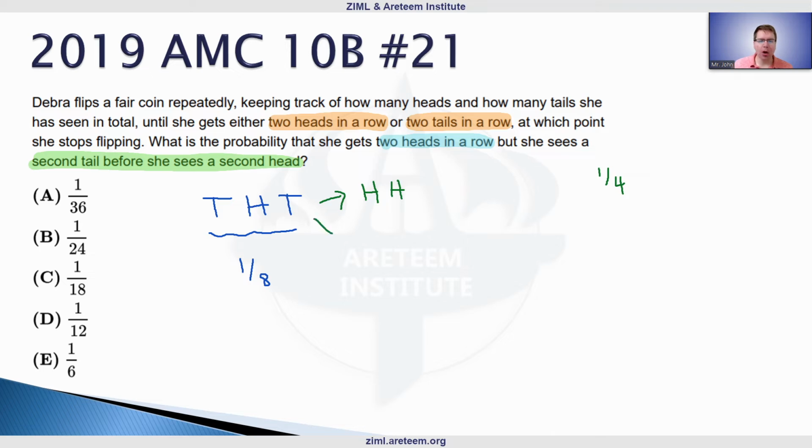Well, maybe we alternate some more. We got 2 heads at the end, so we can't get a tail. So maybe we have another alternating heads, tails, and then we get 2 heads. And note if we look at this probability, this is 2 to the 4th, 1/16 here. And probably we just need one more example here.